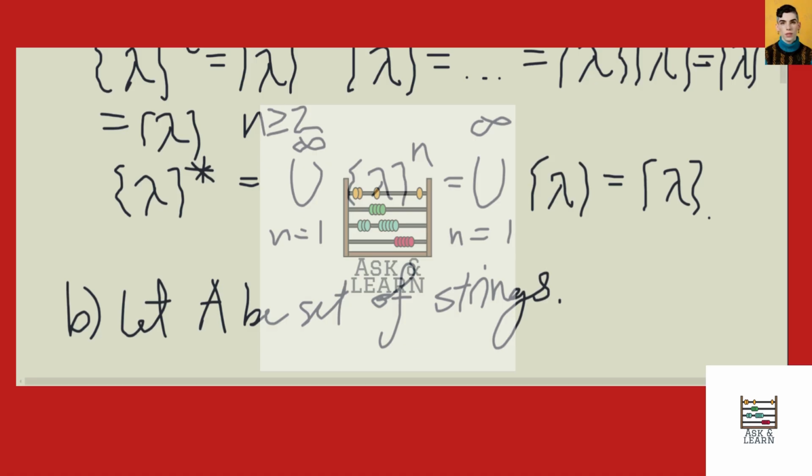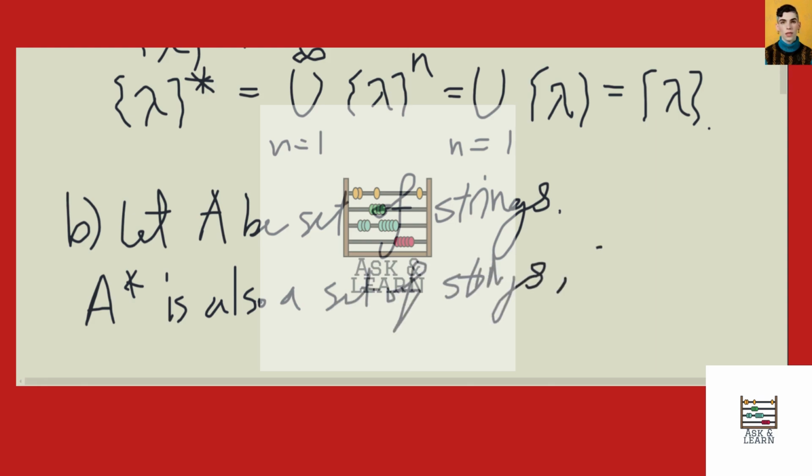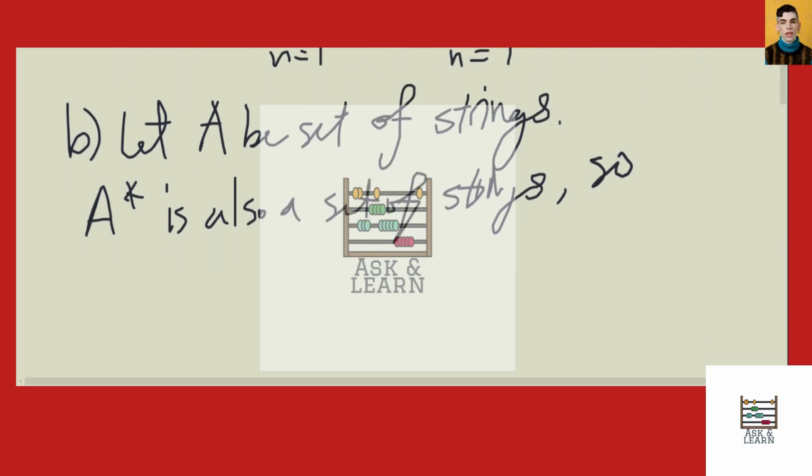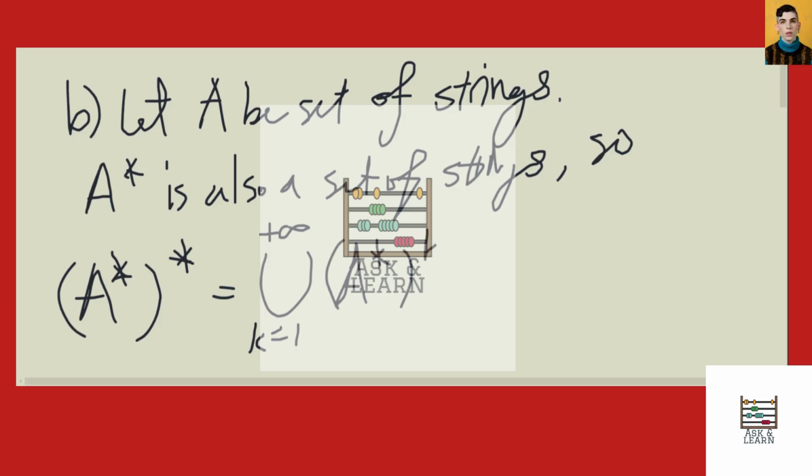Then we have, by the definition of the Kleene enclosure, A star is also a set of strings, and so A star star is equal to the union from k equals 1 to positive infinity of A star to the kth power.